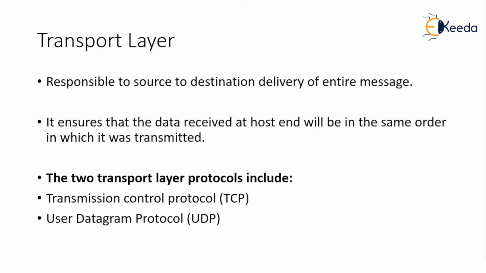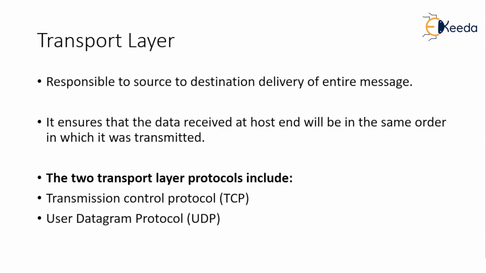It ensures that the data received at the end will be in the same order in which it was transmitted. What does it mean? It means that at the receiver's end, the bit by bit delivery of the data of the original message should take place, so that whatever message is received at the receiver's end should be same as that at the sender's end.